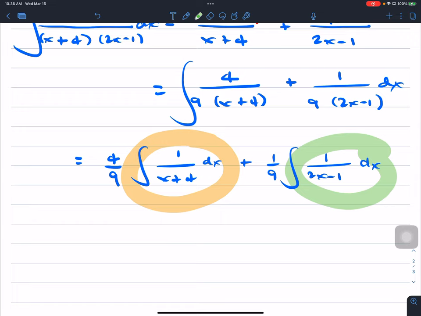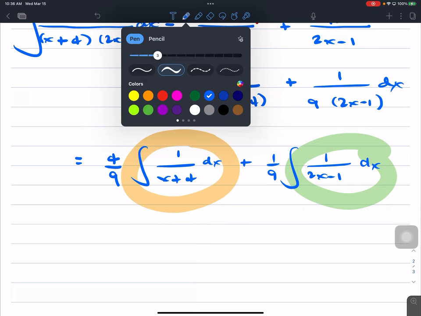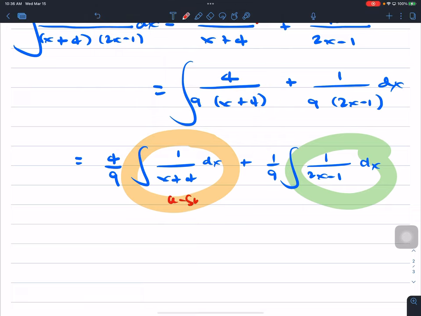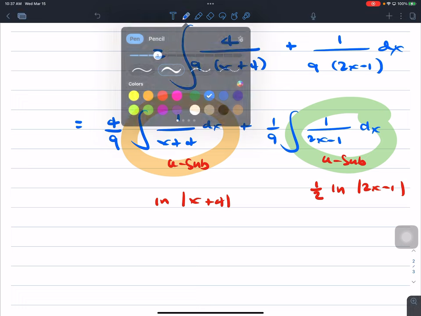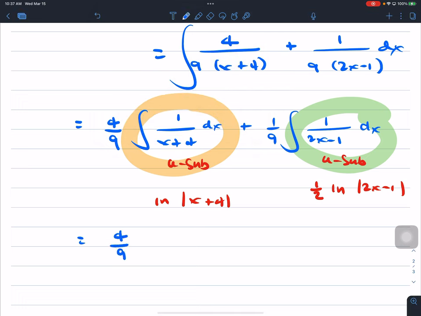Okay, so let's see, ladies and gentlemen, what's the integral? Notice again for both of these, by the way, you're going to have to use u sub for both. Is that true? And so by u sub, I'm going to get natural log absolute value of x plus 4 here, and here I'm going to get 1/2 natural log absolute value of 2x minus 1. Double check. Okay, double check here. 4/9 natural log x plus 4 plus 1/18 natural log 2x minus 1.